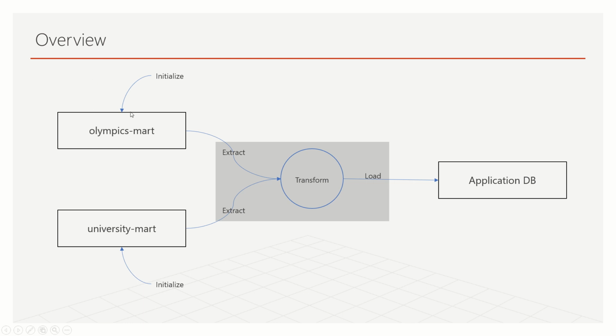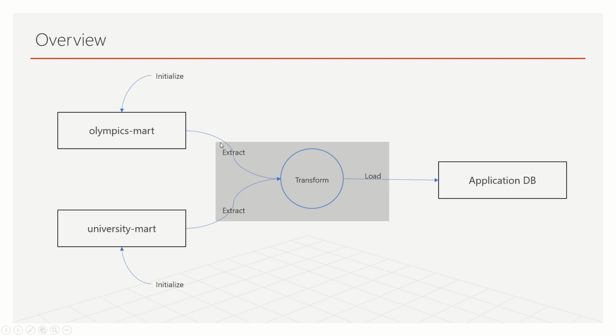So now we will see what we are going to do. You see three boxes here. These are Docker containers running MySQL. For initial purposes, we want to initialize these two containers to act as a source. We will have two sources.